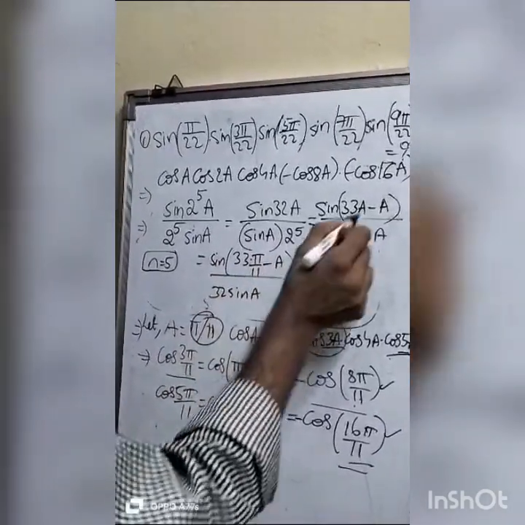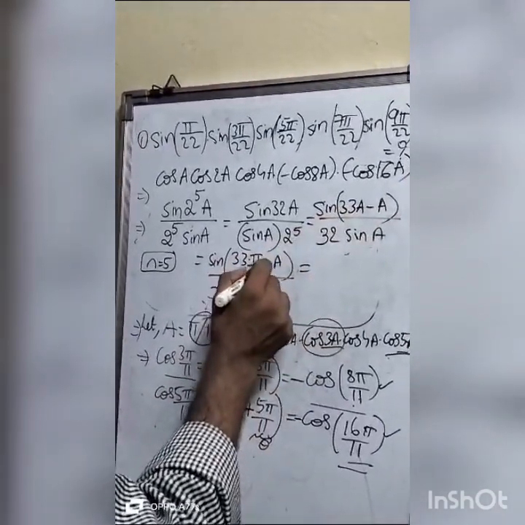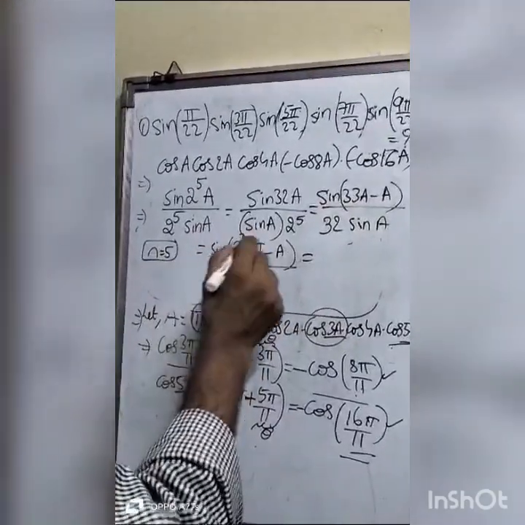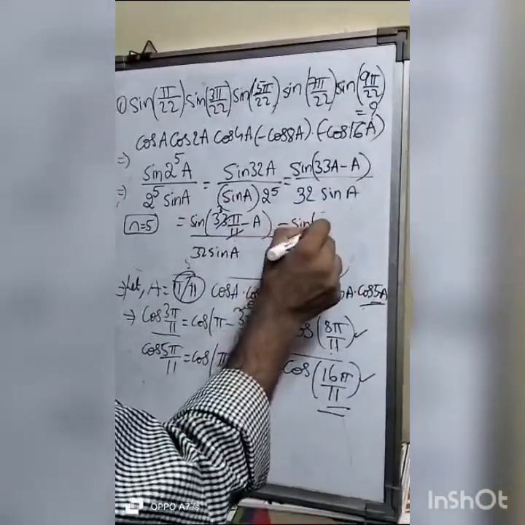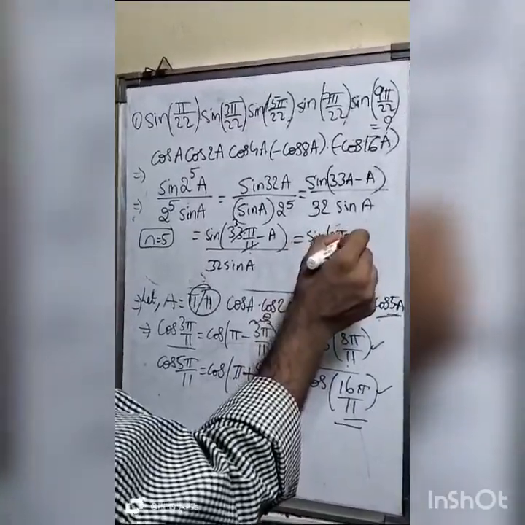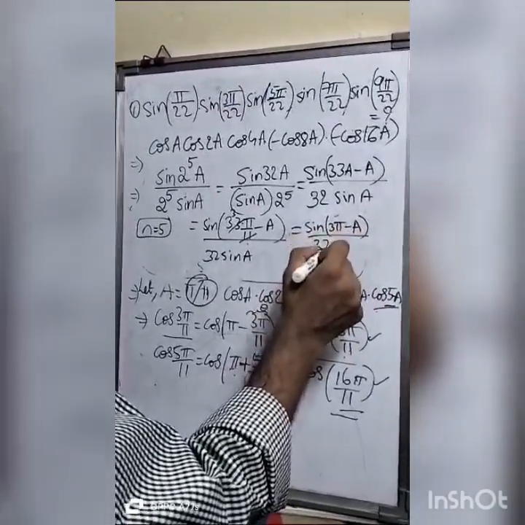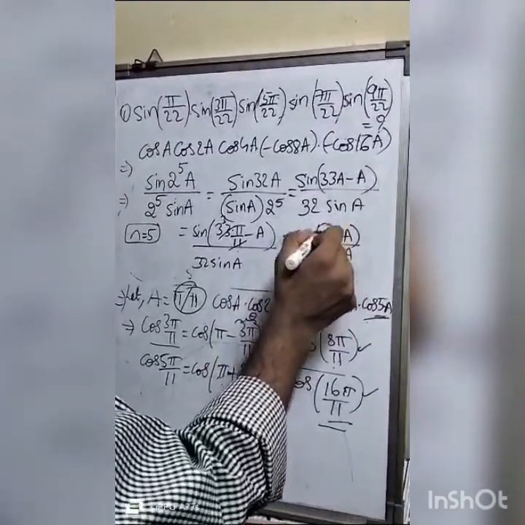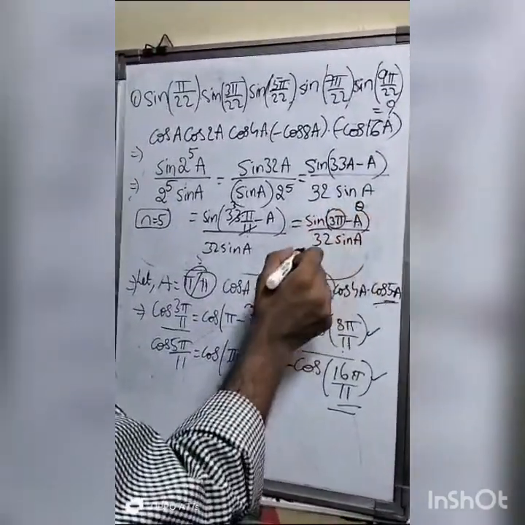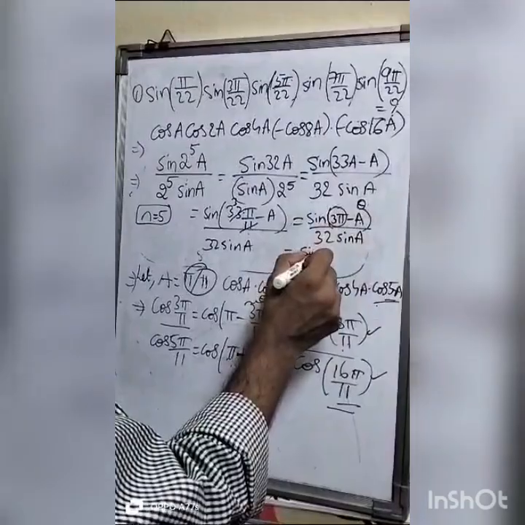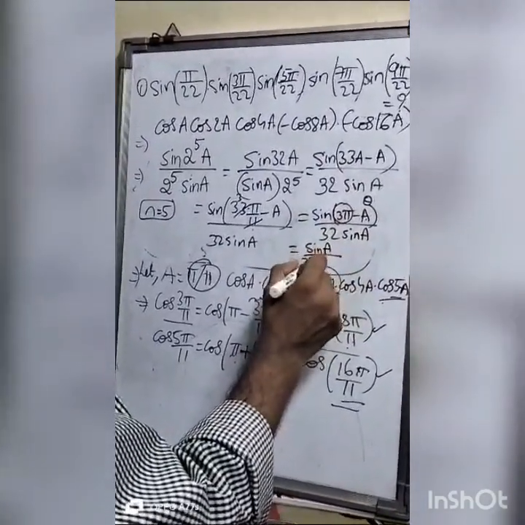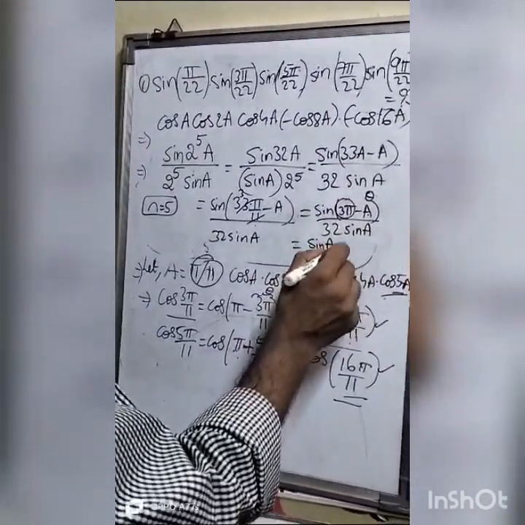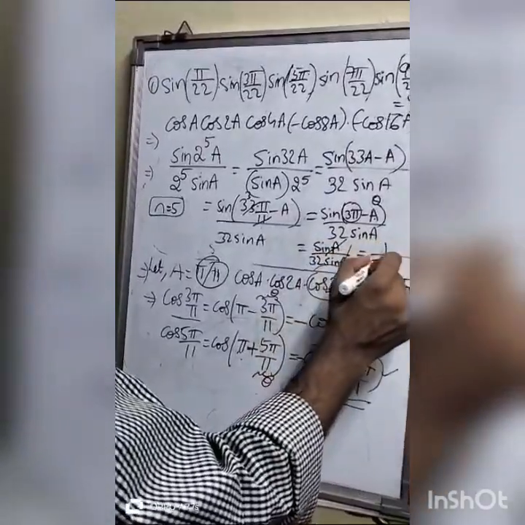If I replace a value as pi by 11, so 11 3s are 33, so sin of 3 pi minus a by 32 into sin a. Obviously sin of 3 pi minus theta is sin theta, that is sin a, by 32 sin a. Now sin a will get cancelled, so the answer would be 1 by 32.